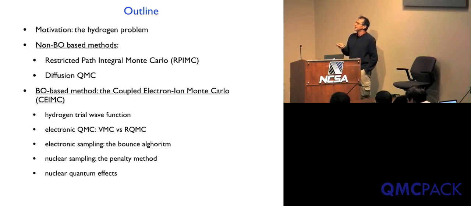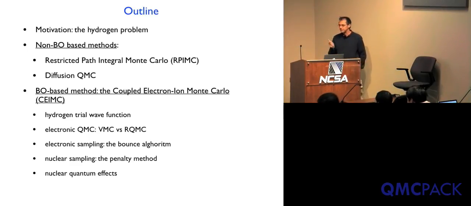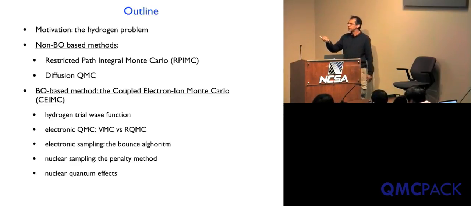So this method does a quantum Monte Carlo for the electronic part of the calculation, and then the energy that you get from this you use to sample the thermal distribution of the nuclei, either classical or quantum. That's why it's called coupled Electron-Ion Monte Carlo.